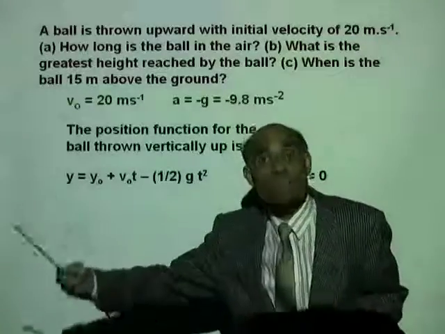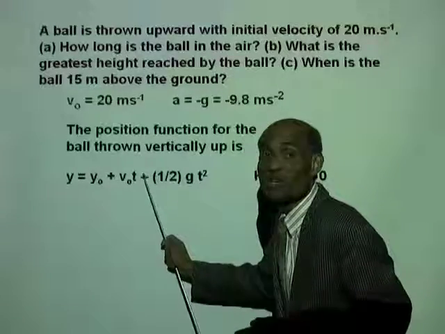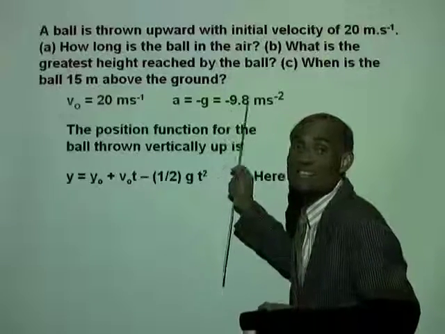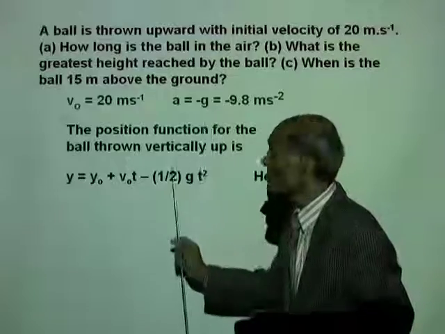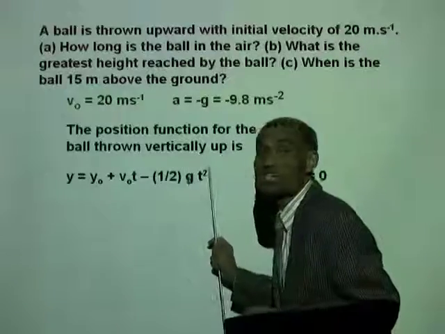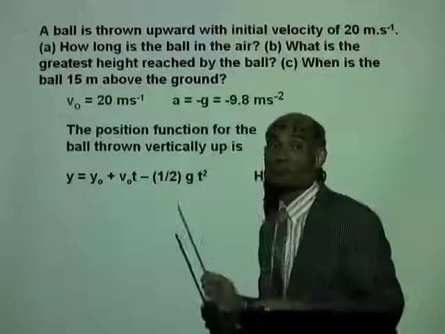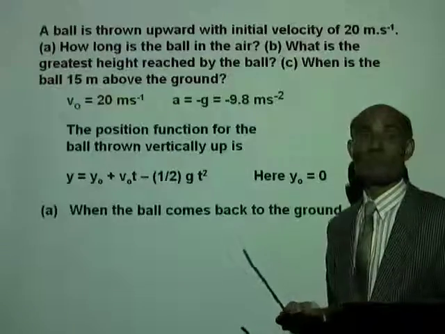G equal to positive 9.8. On the other hand, if you keep it as positive, then a will be replaced as negative g. So I hope you understand it. We have used the equation minus 1/2 gt squared, so you will not use that negative again.